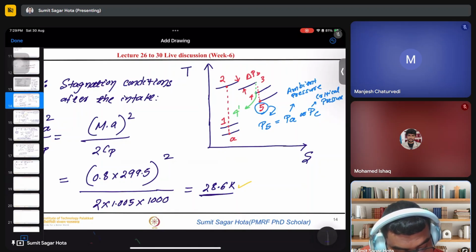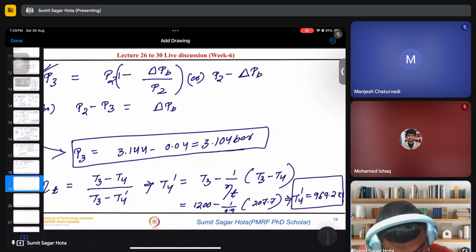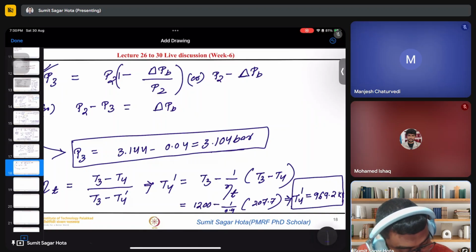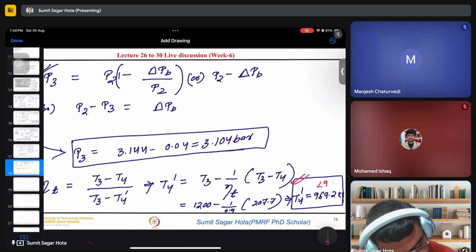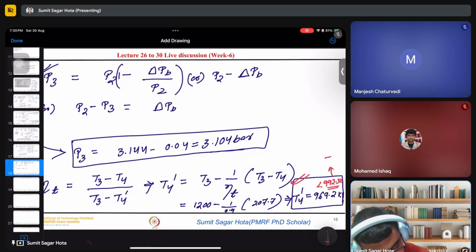That is a very important thing to follow, because only from this temperature, which is less than 992.3 Kelvin, which is T4, we get to know that it is not going to be your actual process.